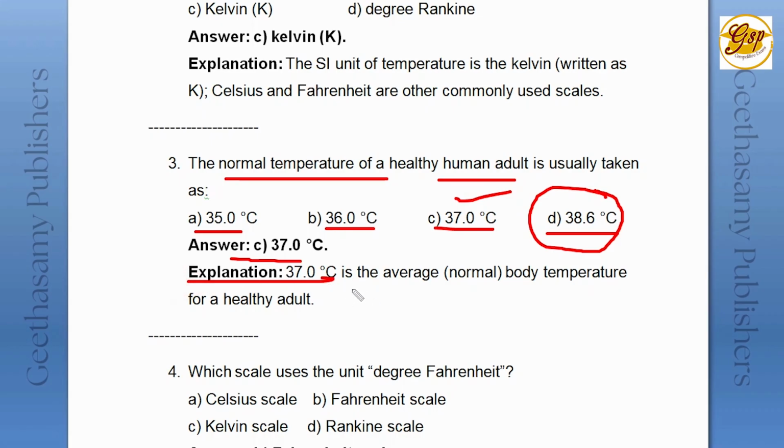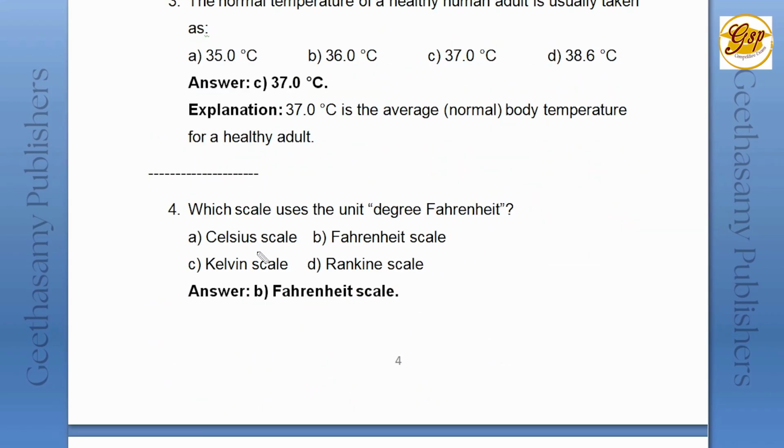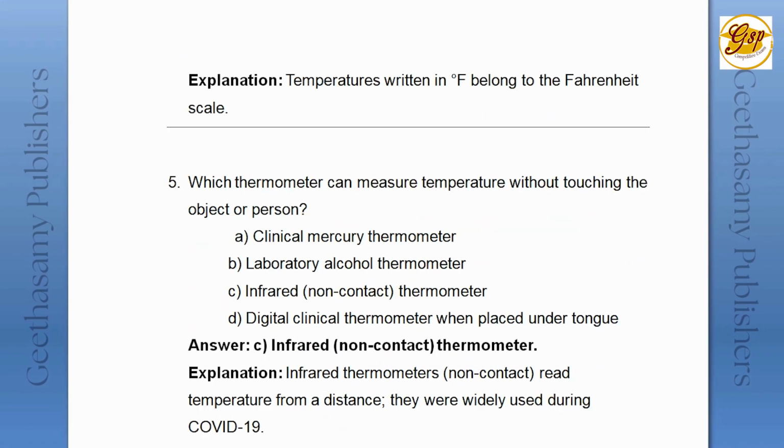Explanation: 37 degrees is the average normal body temperature of a healthy adult. Fourth question: which scale uses the unit degree Fahrenheit? Celsius scale, Fahrenheit scale, Kelvin scale, or Rankine scale. The answer is the Fahrenheit scale. Explanation: a temperature in degrees F belongs to the Fahrenheit scale.